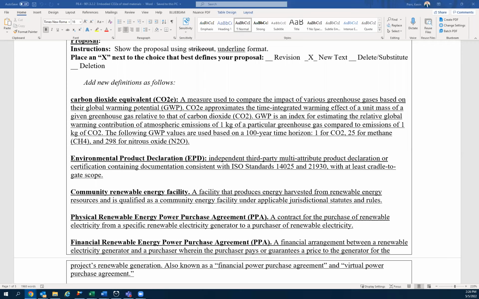Publicly available EPD data has allowed the proposal to include conservative emissions values for EPDs, and industry-wide EPDs have allowed the global warming potential values to be set at 150% of industry average. And that means that it's about the 75th or 80th percentile of most steel. So that cuts out the worst performing 20% of steel.